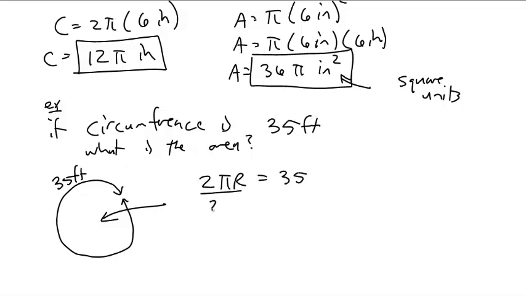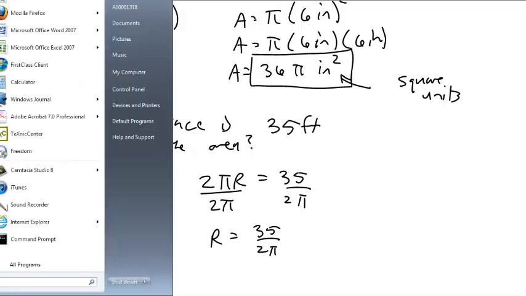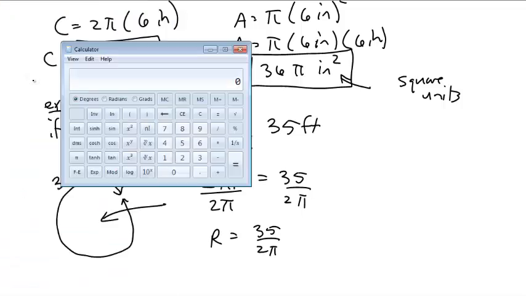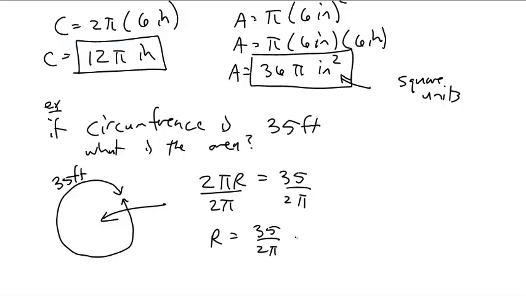Then we divide both sides by 2 pi, and you say your radius must be 35 over 2 pi, which you can put in a calculator: 35 divided by parentheses 2 times pi, which is 5.57 approximately. So the radius is approximately 5.57, and then the area is pi r squared.